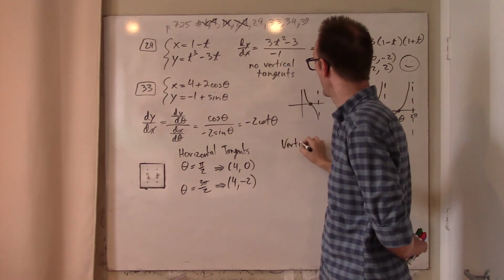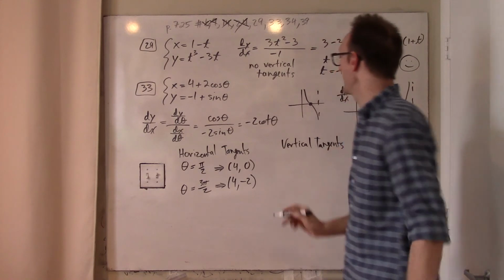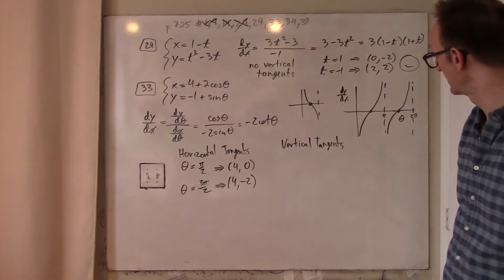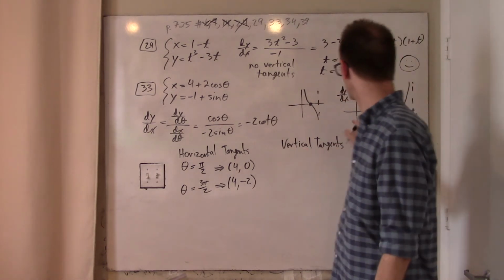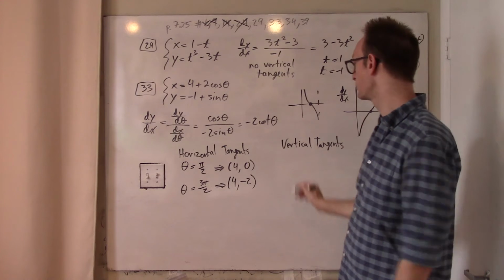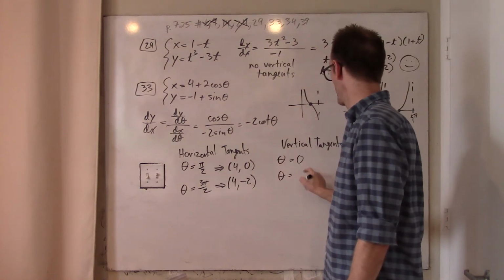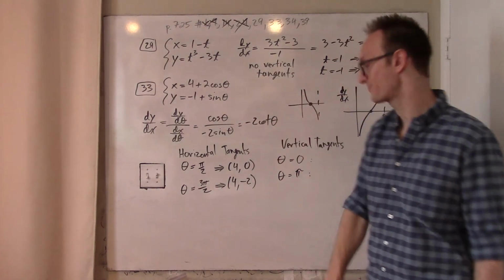And where am I going to have vertical tangents? I'm going to have vertical tangents when this slope is infinite. So that's going to happen at basically theta equals 0 and pi and 2 pi, etc. So let's just say theta equals 0 and theta equals pi, because this whole thing is going to repeat every 2 pi, of course.